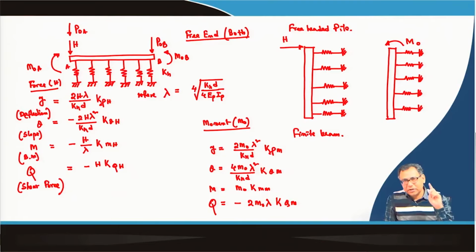So, one end of the beam is fixed and the other end is free, whereas for the free headed pile both the ends are free, which is the condition by which these equations are developed. So, for the free headed pile we can directly use these equations, but for the fixed headed pile we cannot.